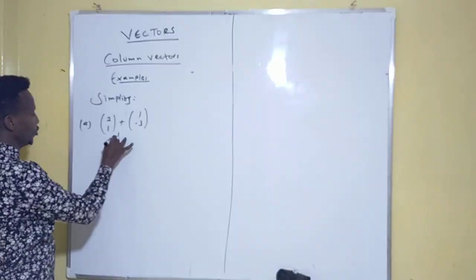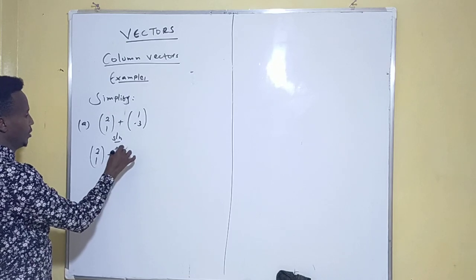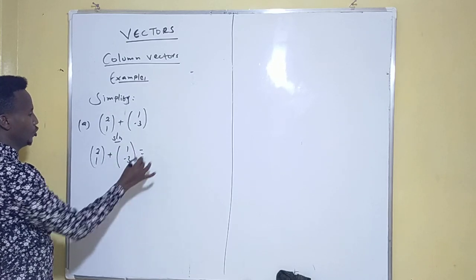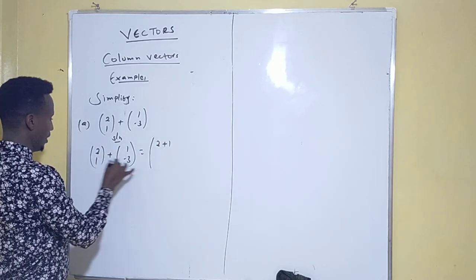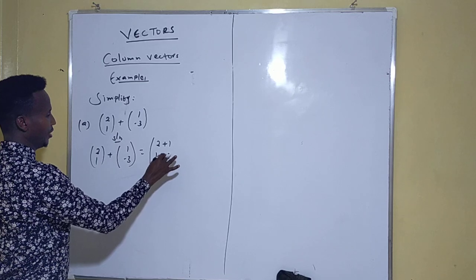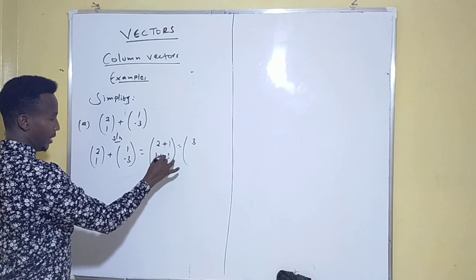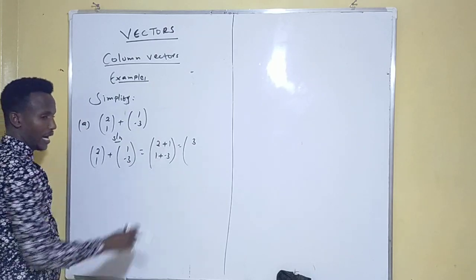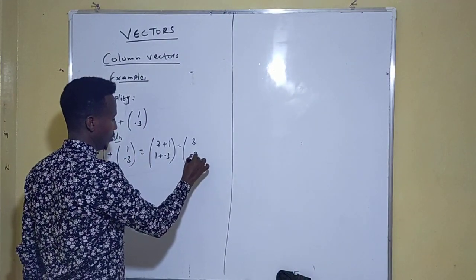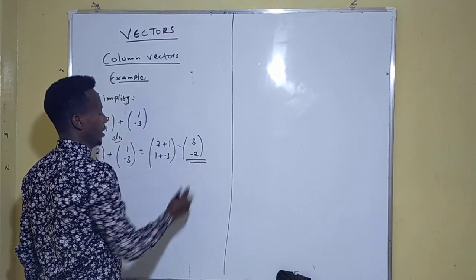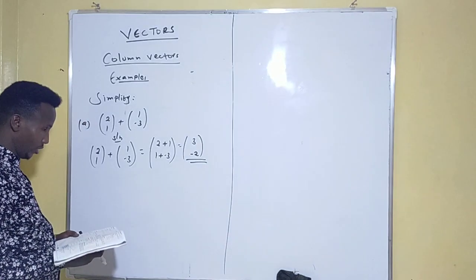So the solution: (2, 1) plus (1, -3) can be written as open a bracket, 2 plus 1 on top, and under that 1 plus -3. Add these two: 3, and 1 minus 3, which is -2. And that is the final answer for your information, guys.